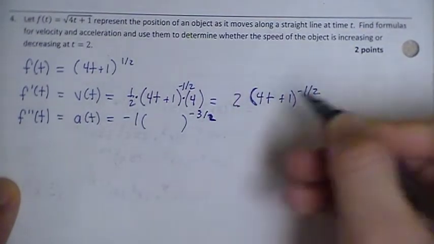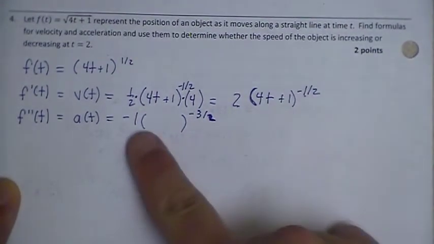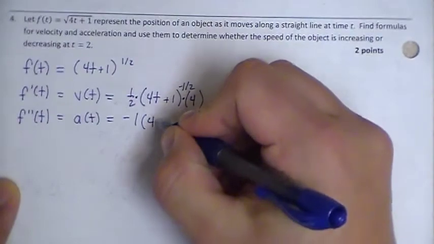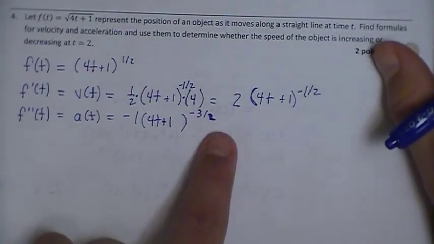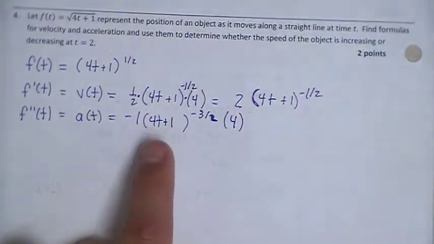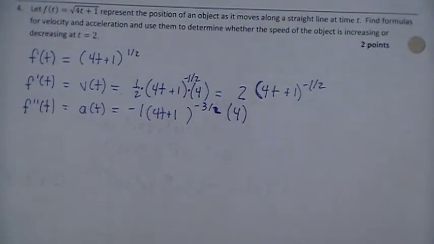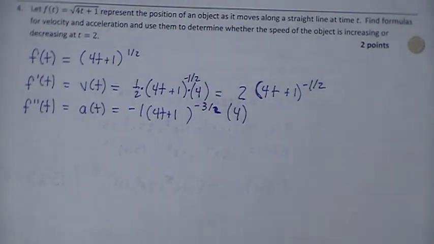Sorry about that, kind of sloppy in my exponent there. It's a negative 3/2. And then the inner function is going to stay inside this quantity, so 4t plus 1. And then I'm going to multiply by the derivative of my inner function, and the derivative of my inner function is 4.